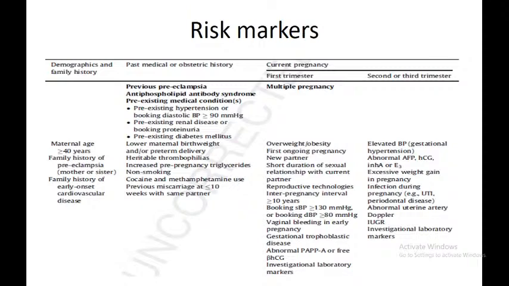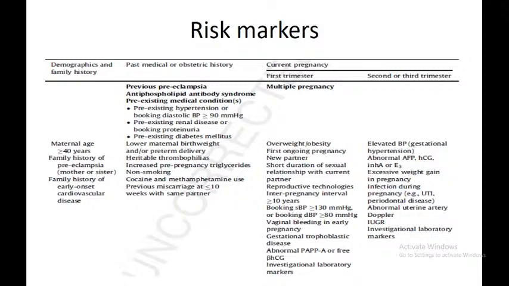So in the past medical history, a previous history of either hypertension or diabetes or renal disease is important, and in the obstetric history, always inquire whether she had a previous episode of preeclampsia or whether she is a known case of antiphospholipid antibody syndrome, and whether she had any miscarriage at less than 10 weeks with the same partner. So this is the history that we should always try to elicit.